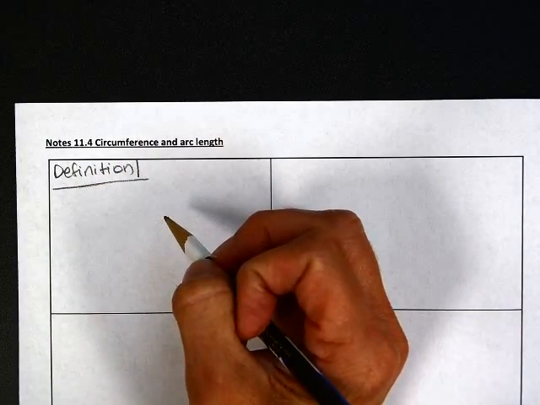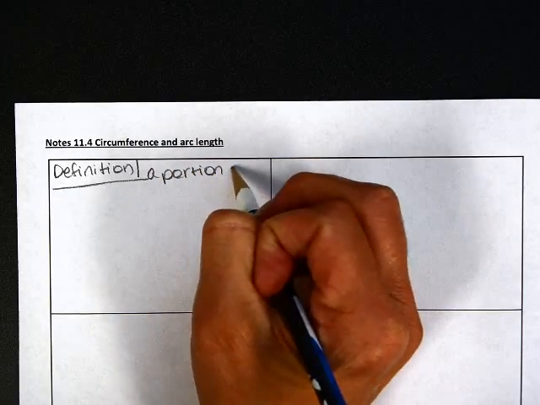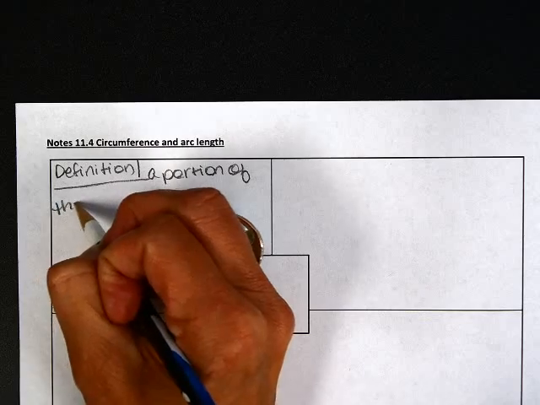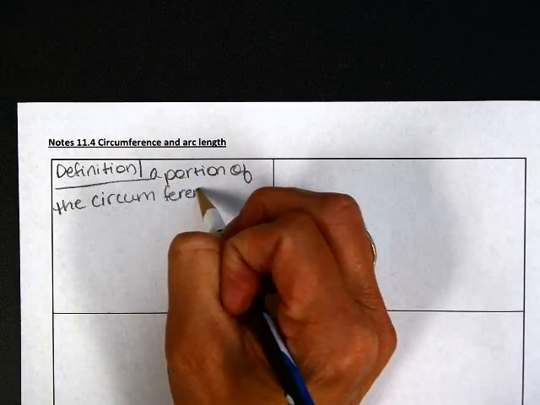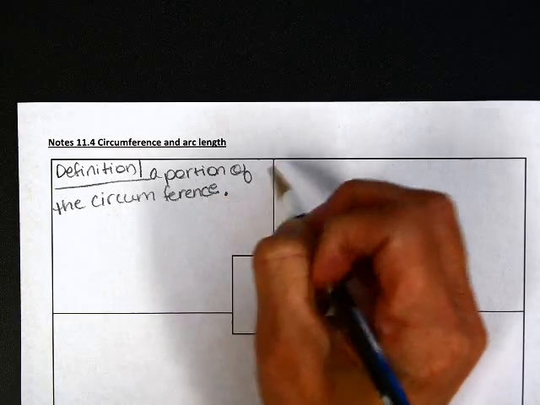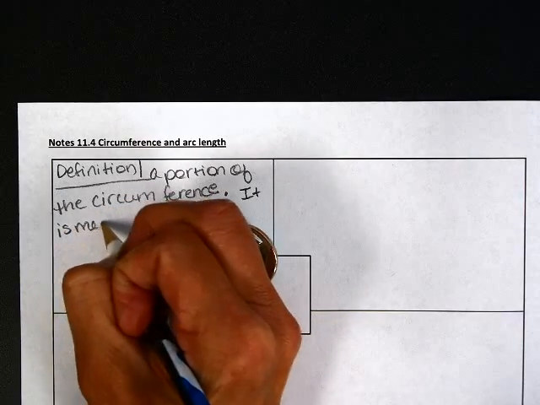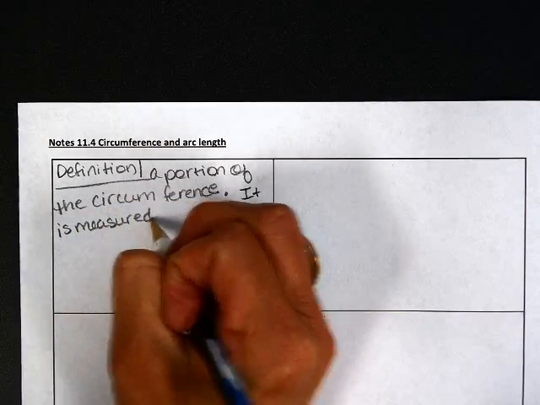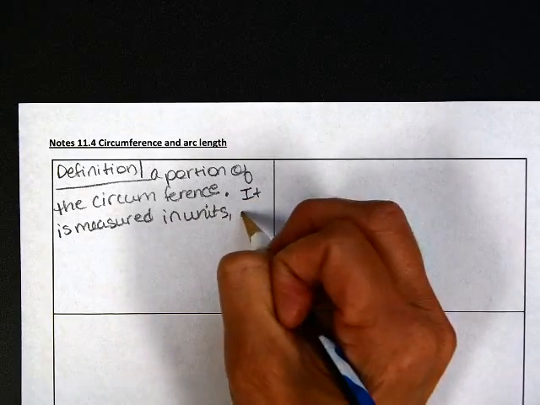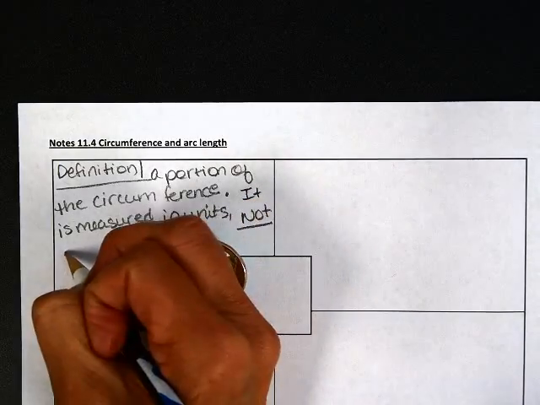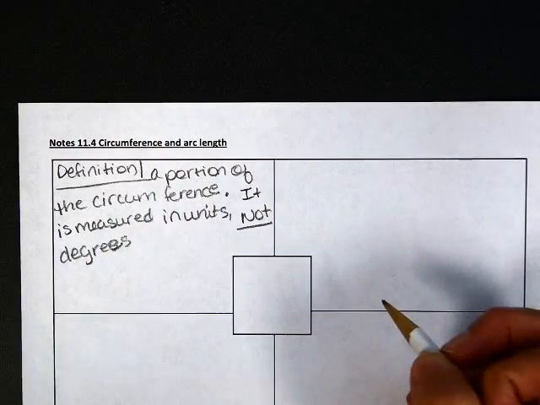Okay, an arc length is a portion of the circumference and it is measured in units, not degrees. Oops, there we go, not degrees.